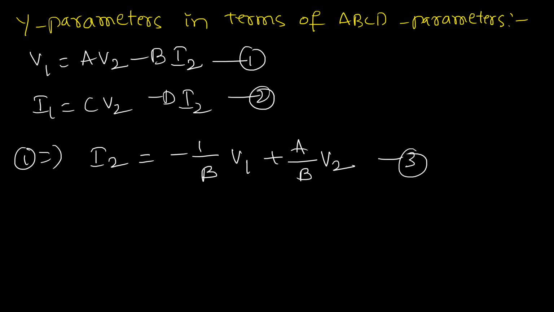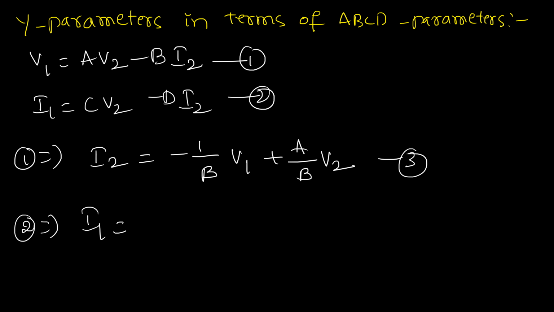From the second equation, I1 should be in terms of V1, V2. But we have the I2 term, so we want to eliminate that I2 and want the entire expression in terms of V1, V2.